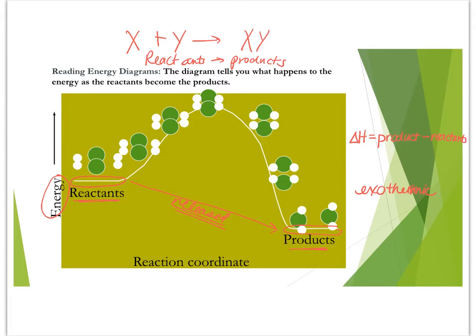If the reactants started with 10 and the products ended with 3, then 3 minus 10 gives a delta H of -7. A negative delta H value also corresponds to an exothermic reaction.